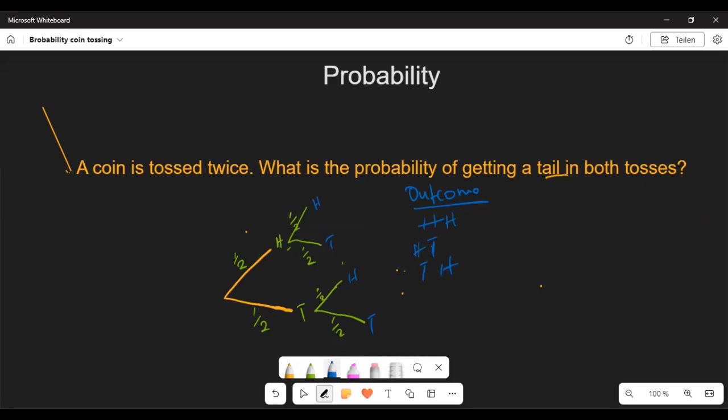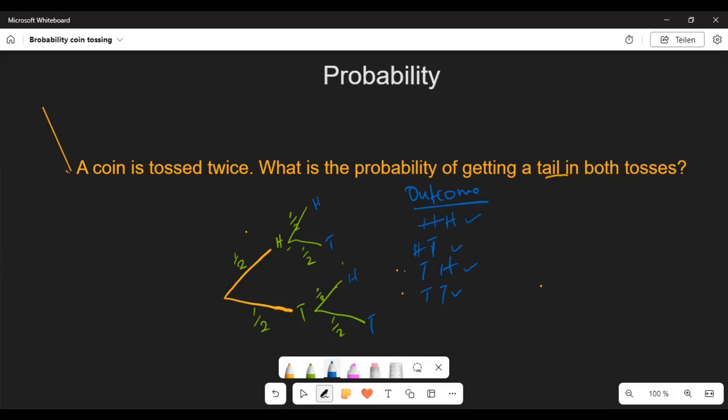And then another chance is that we have a tail and a tail. So because we toss only 2 times, we expect up to 4 results. That means either we are going to get a tail and a tail, a tail and a head, a head and a tail, or both are going to be heads.